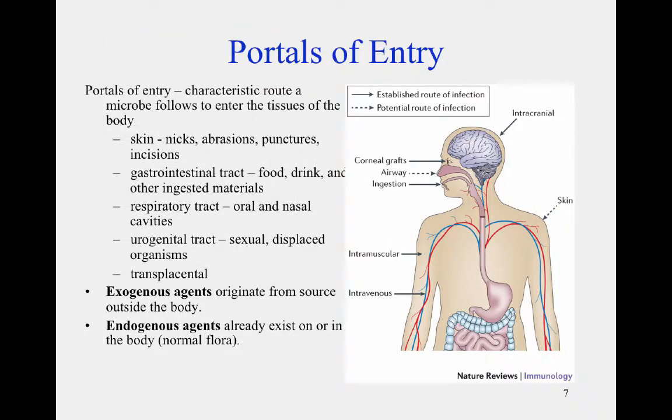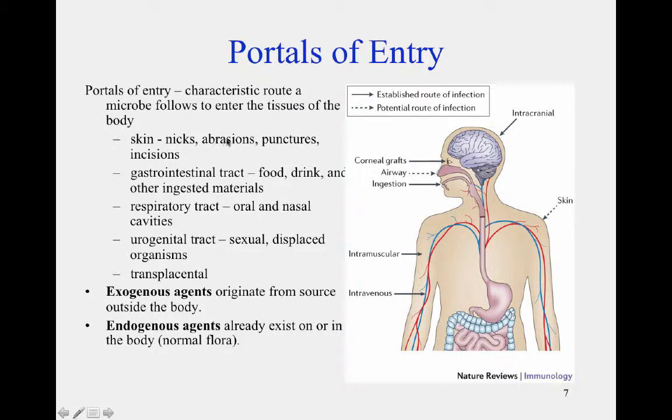All right, so I mentioned a couple slides ago, this whole chapter is all about how a microbe makes you sick, right? Well, if it's going to cause disease within an animal or a human host, it needs to enter your body first. So there are multiple portals of entry. And this is just referring to the route with which a microbe will take to enter the tissues of the body. So this would include, you can see here on the figure on the right, but they're listed here, through the skin.